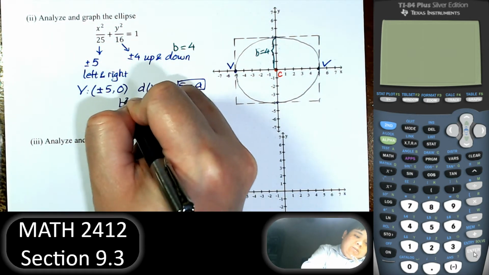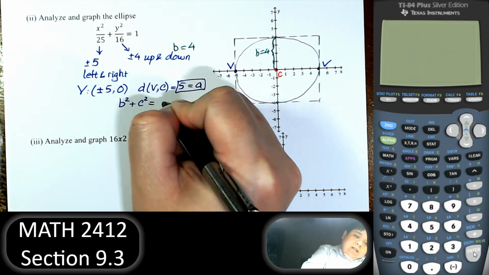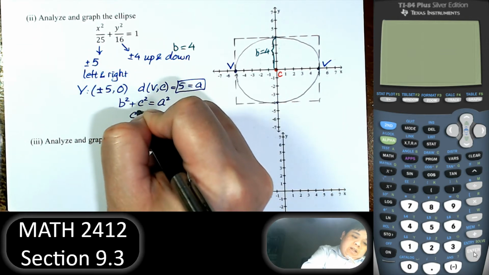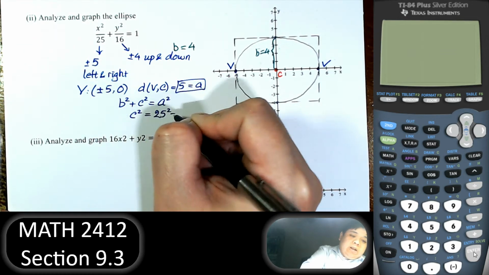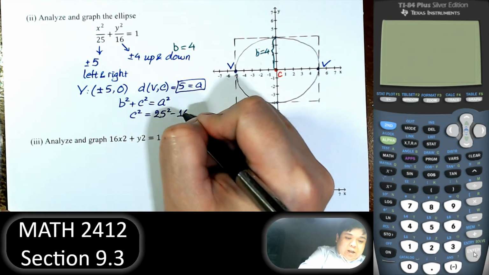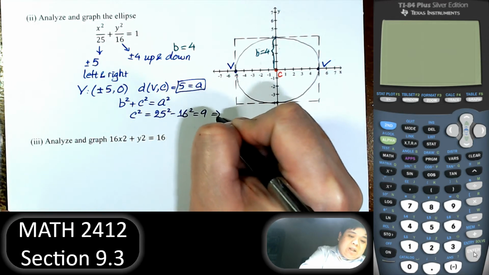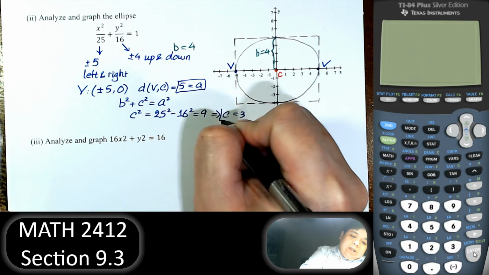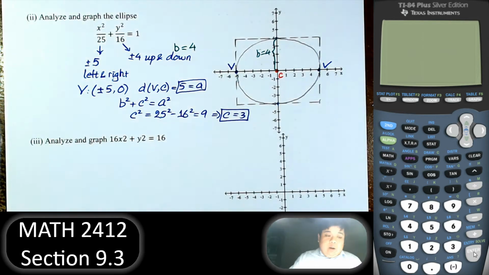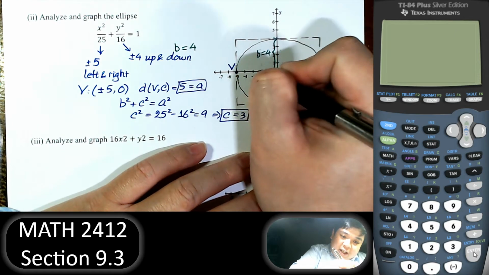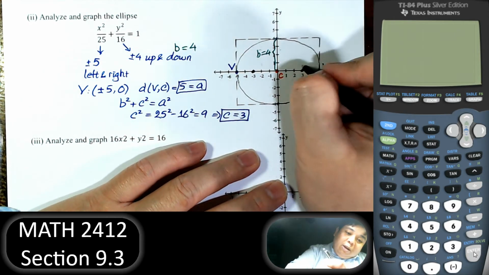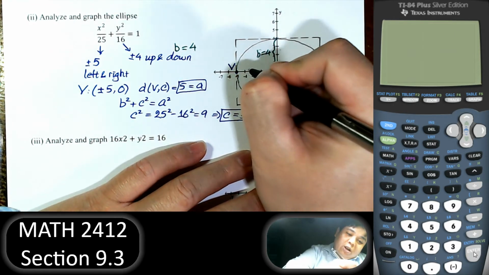So b squared plus c squared is equal to a squared. So c squared is equal to 25 minus 16, which is 9. So c is equal to 3. With that, of course, we go 3 units to the left and 3 units to the right to have 2 foci.